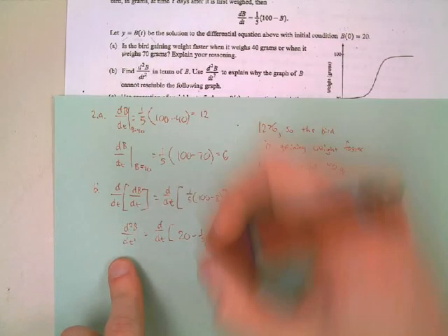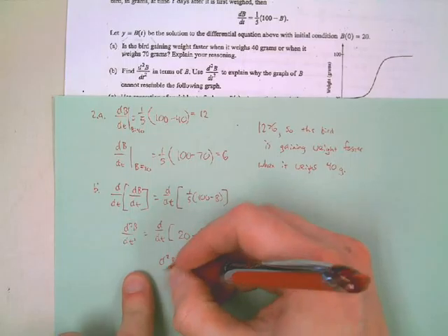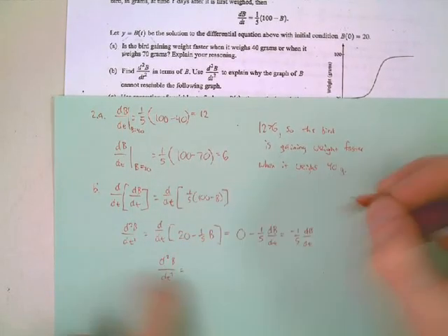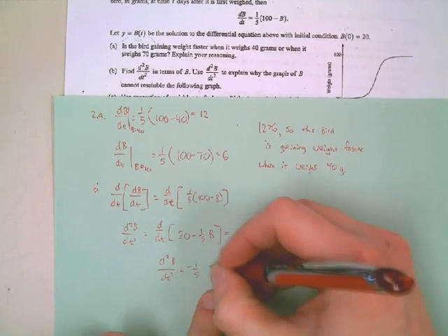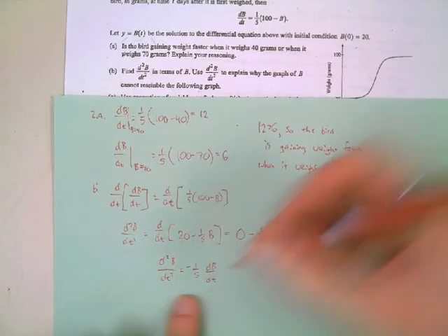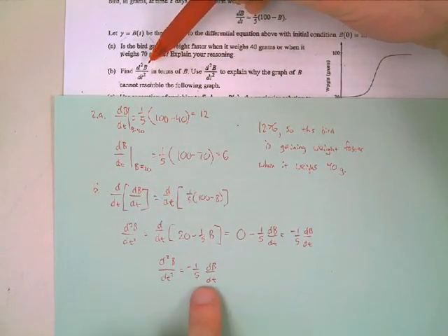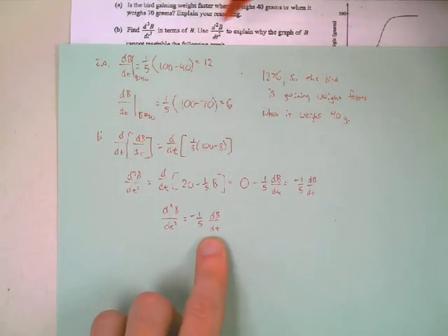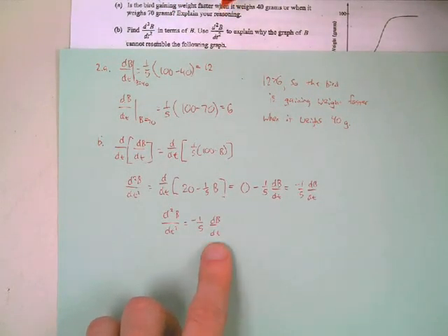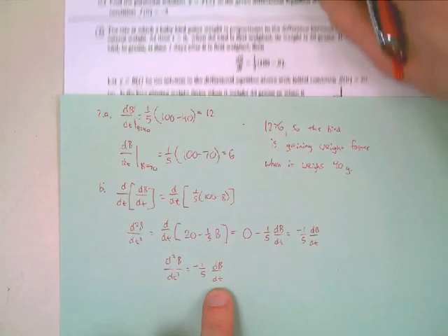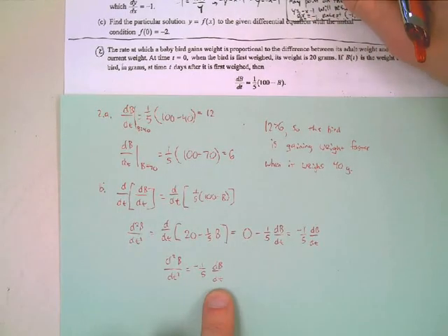We have d squared B over dt squared is equal to negative 1/5 dB dt. I want the second derivative, right? Find the second derivative, but I need to rewrite this thing in terms of B. Right now it's in terms of dB dt. But what does dB dt equal, Anna? Yeah, plug this in. Exactly right. Plug this in.